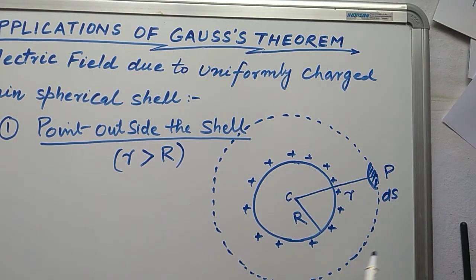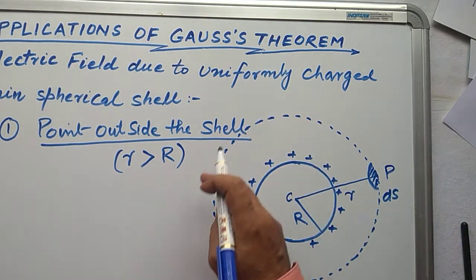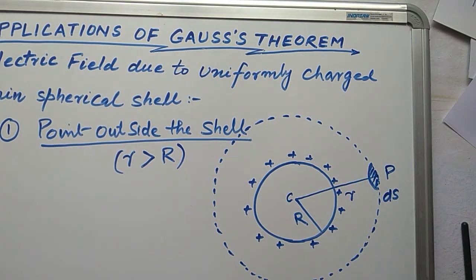This is the Gaussian surface, and it is clear that the whole charge lies inside the Gaussian surface.